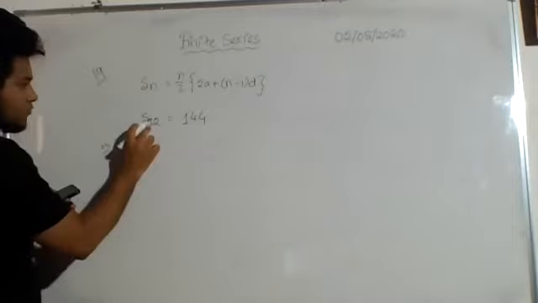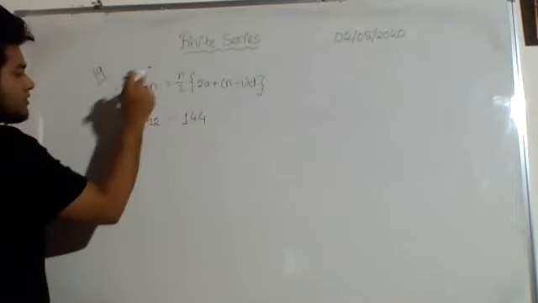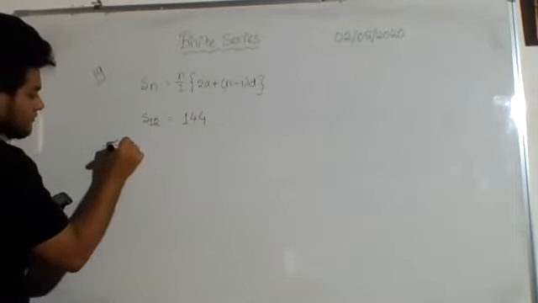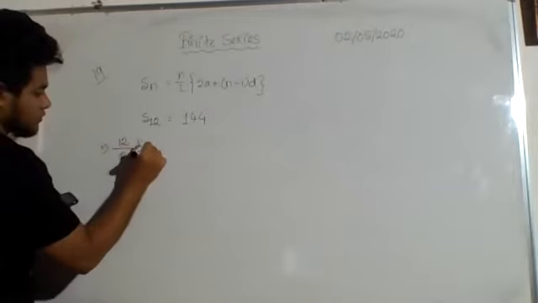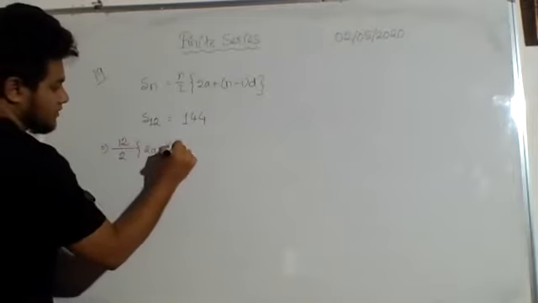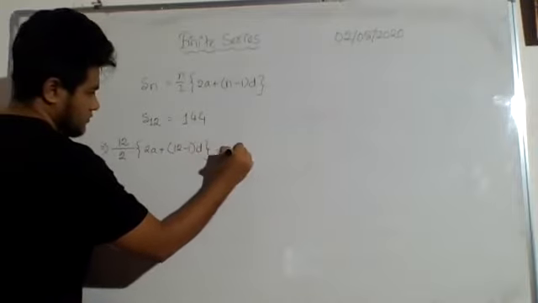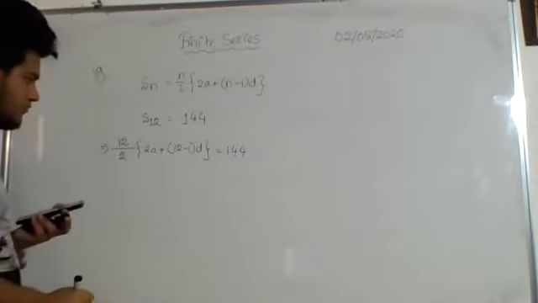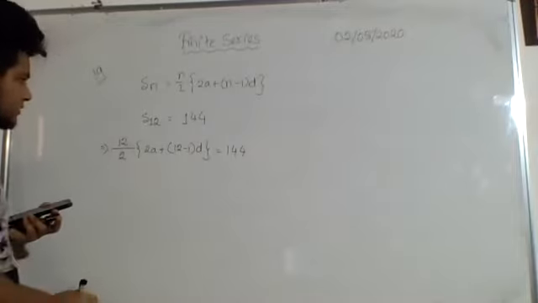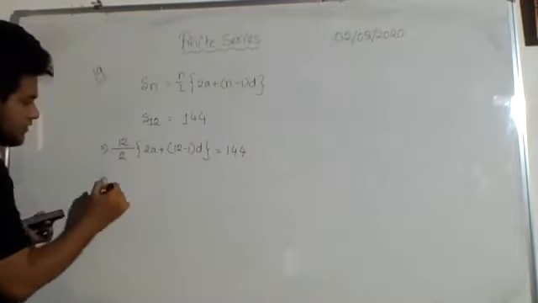Now I can write the formula for S12. n will be replaced by 12. So it will be 12 divided by 2, into 2a plus (12 minus 1) into d, is equal to 144. Let us simplify the equation a little bit.